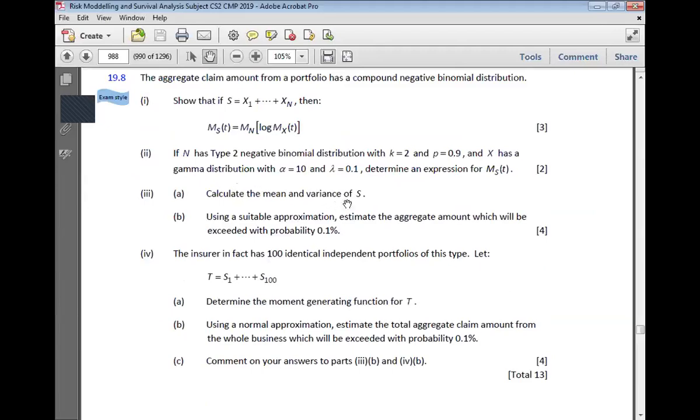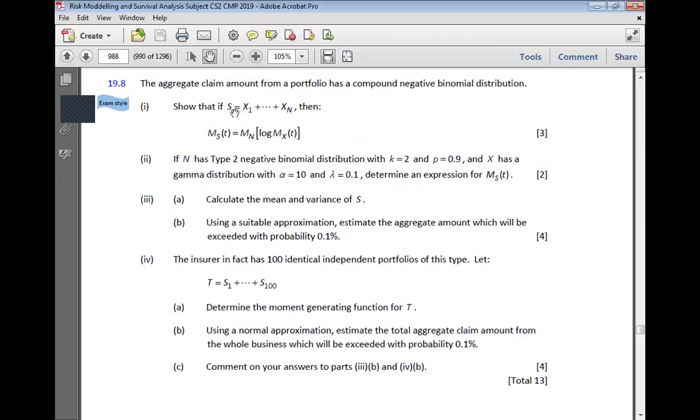You have to calculate the mean and variance for S here. So again, use the information that S is this thing here, and our N follows the negative binomial and our X follows gamma distribution with such and such parameters. So what will be the mean and the variance for S here? That is what we need to figure out now.